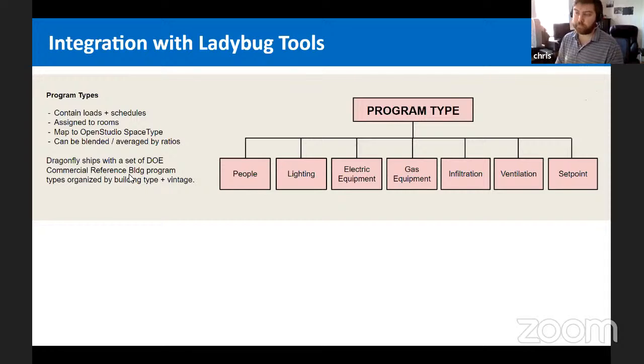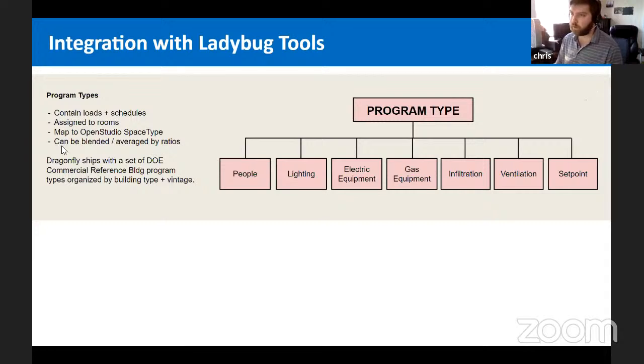So we have templates that are pretty much ready to go for a range of different buildings, I want to say between 15 and 20 different building types and several different room program types within those buildings. And we also have them organized by vintage or different versions of ASHRAE 90.1 so that you can set up your models starting from a template that corresponds to standards as opposed to having to assemble everything from scratch.